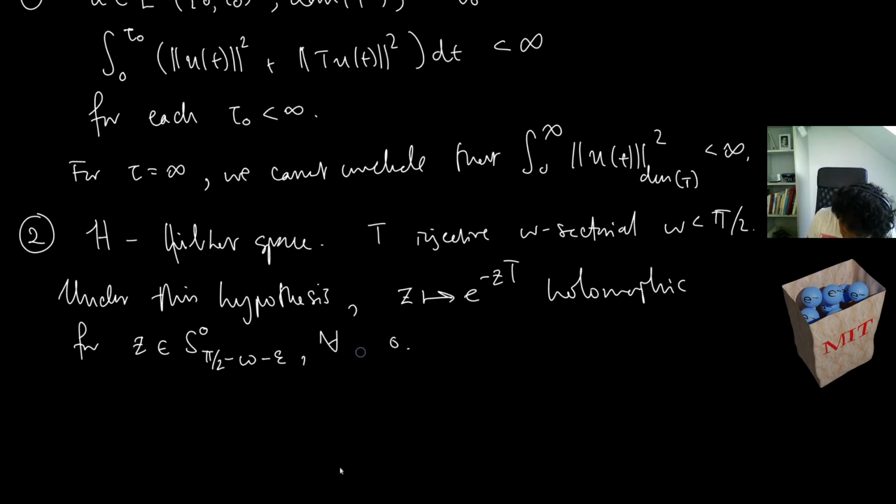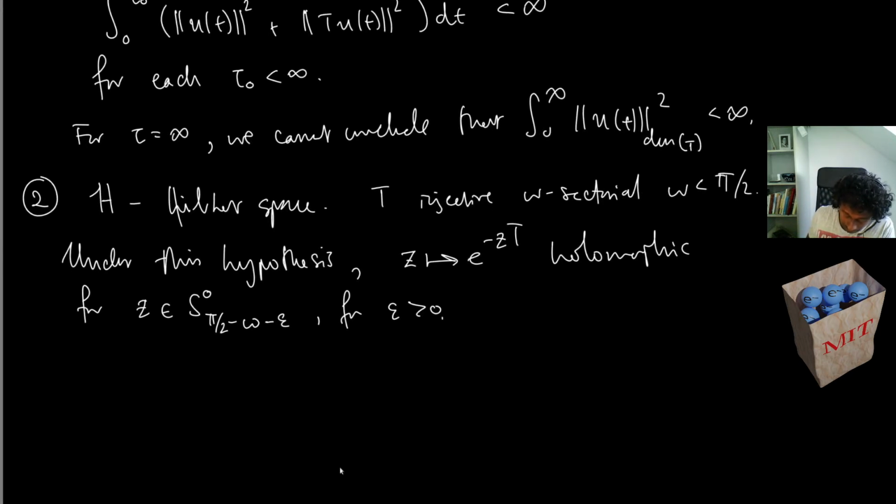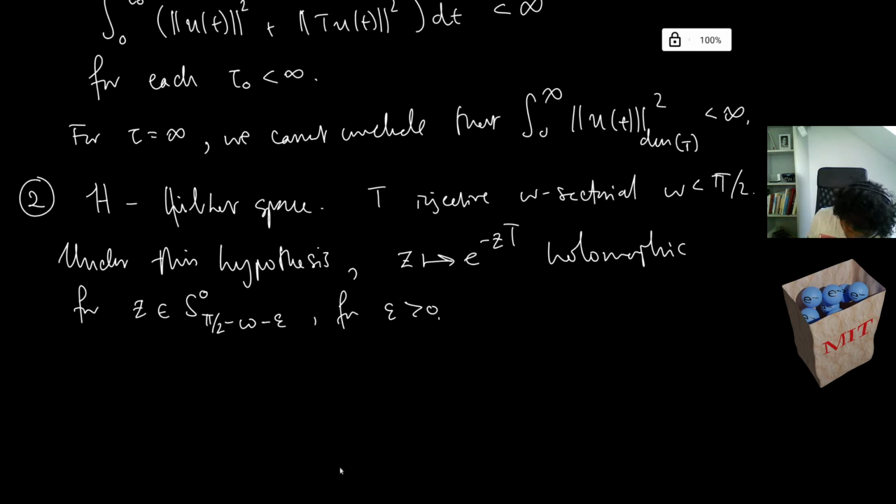Actually, no, we don't need the epsilon positive, I think, but I'll just leave it there. So for a slightly smaller angle than pi on 2 minus omega, this is holomorphic, or analytic, and that's enough to guarantee the maximal regularity for a Hilbert space.